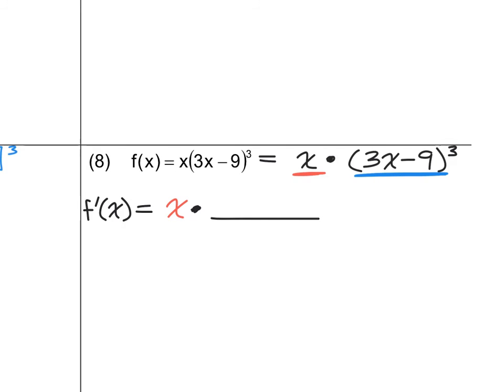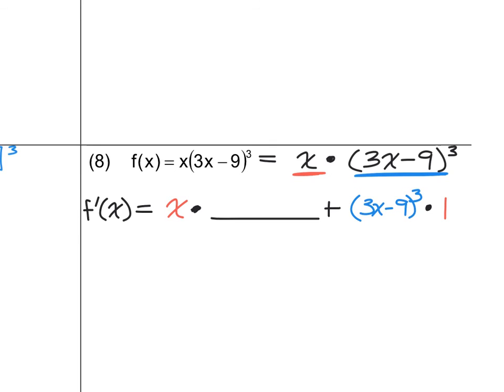So I'm going to leave a blank because that's going to be easier said than done. Plus my second function in its original state times the derivative of the first function. What's the derivative of the first function? 1. All right. Won't be that difficult if I can figure out what goes in the blank.